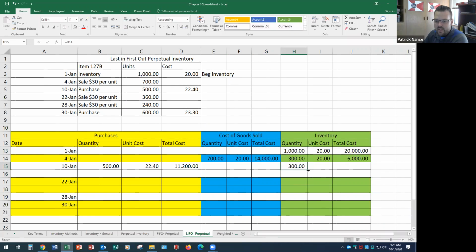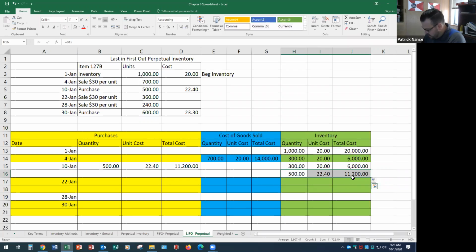I have 300 units left at $20 each, and $6,000 is the total cost. And now I've bought an additional 500 units at $22.40 each, for a total cost of $11,200. This is layer one, the oldest layer. This is layer two, the newest layer, the most recent purchases.